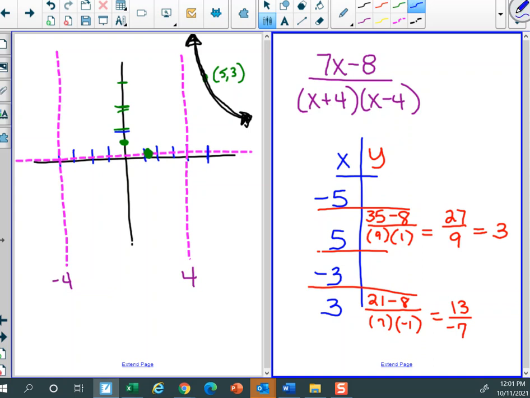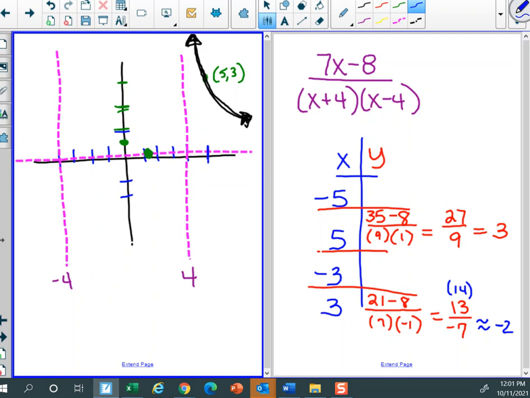If this had been 14 over negative 7 it would be negative 2, so this is going to be about a negative 2. And that's actually close enough for me, because I kind of knew I was probably going to do that. And I was going to connect to these guys.